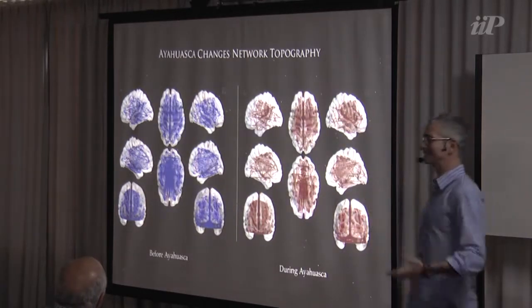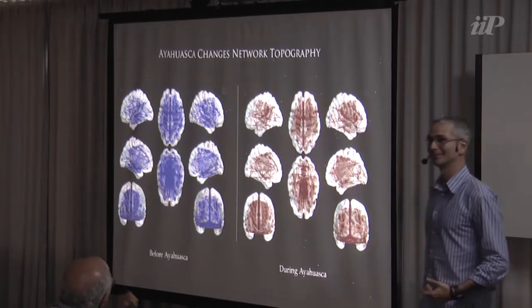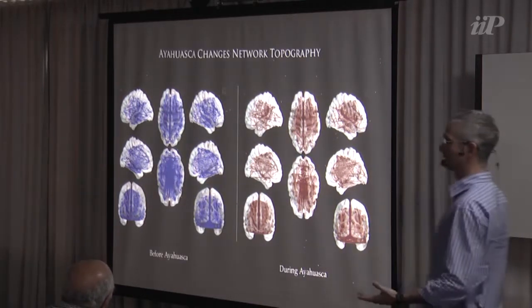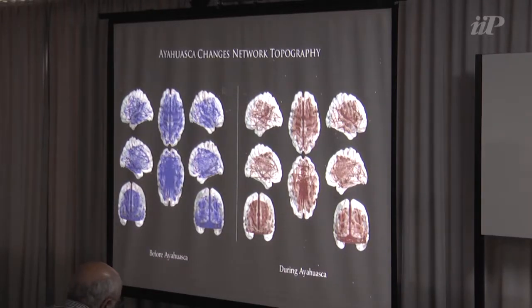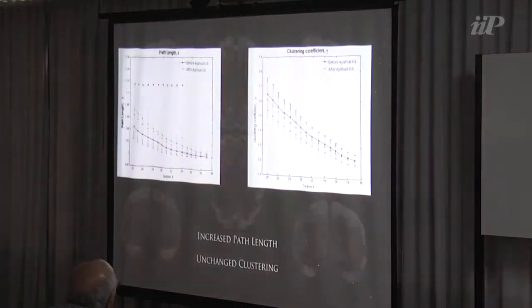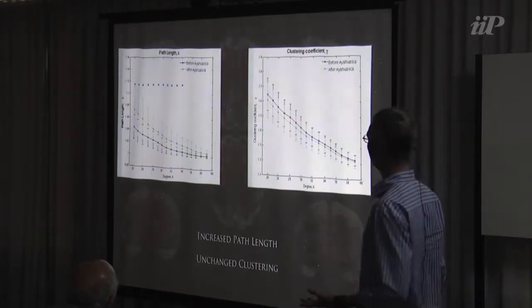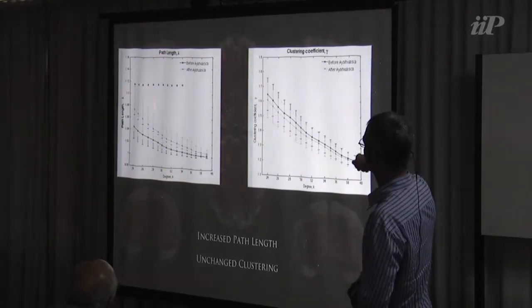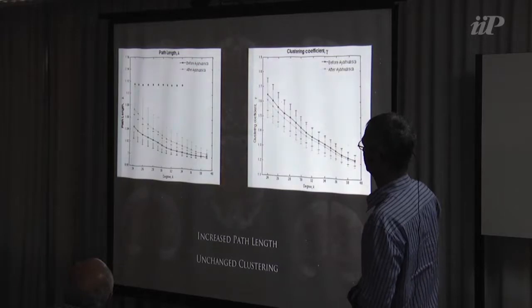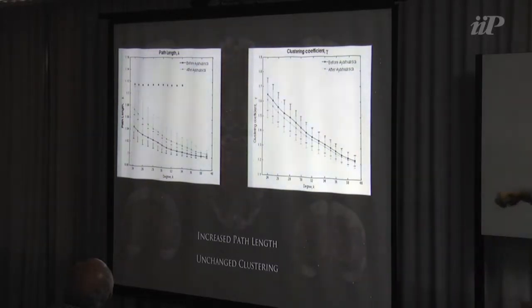All right, I have a change in the clustering. What does it mean? This is exactly where we are. Does ayahuasca change some of the characteristics of this topography? Yes, it does. For instance, it changes the path length. You have an increase in path length, and a decrease without a change in clustering coefficient.